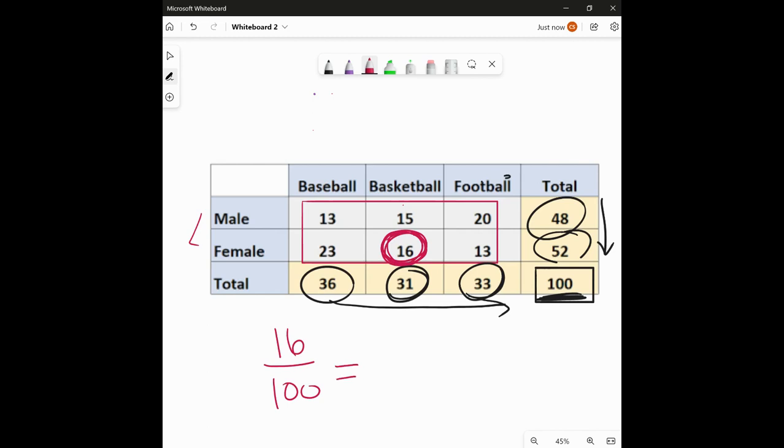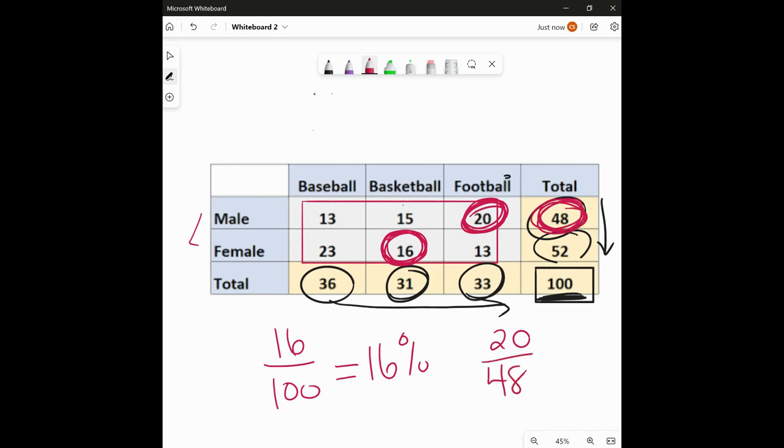And if I wanted to make that into a percent, it's out of 100, so it would be 16%. Or I might ask for the relative frequency of males playing football compared to all the males. That's 20 compared to 48.